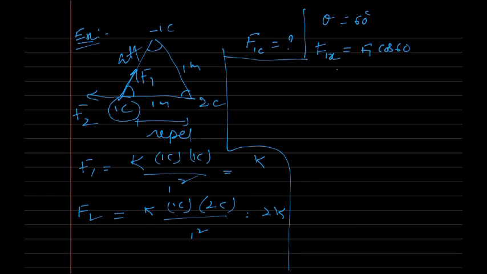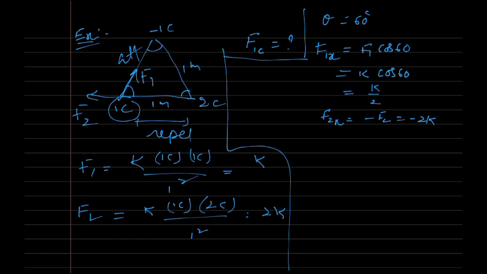So F1 is k, so k cos 60. The cos 60 value is 1 by 2, so k by 2 I'm writing as F1x. Now F2x is minus F2, that is equal to minus 2k, because this component is along the negative x direction, right?